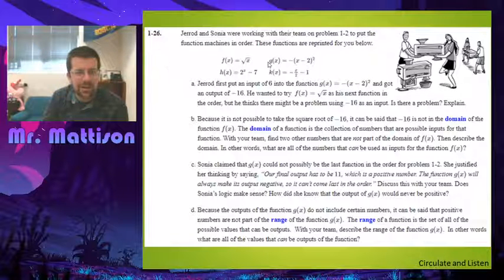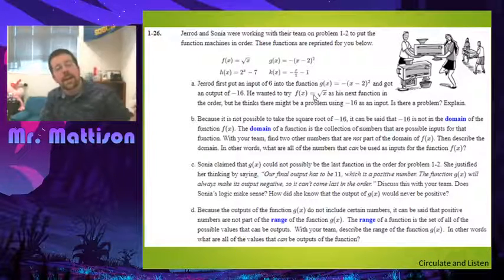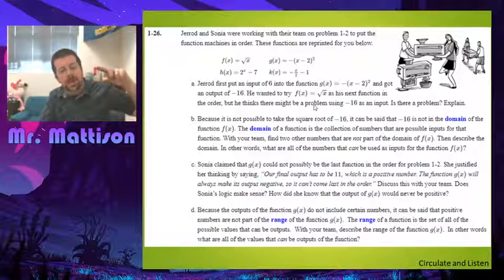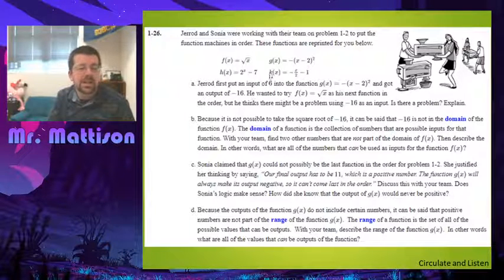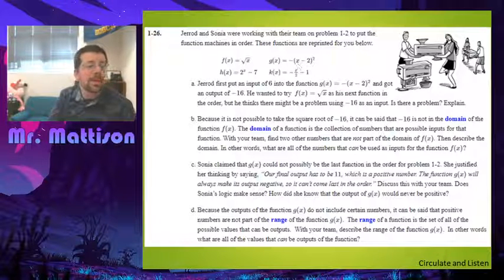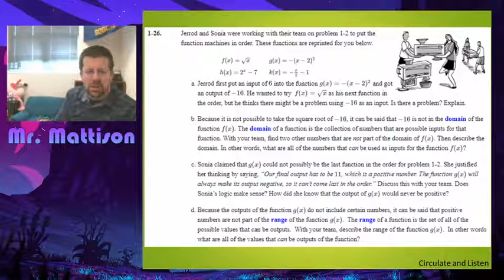And that positive value then being made negative will always be negative. And since we need our final output to be positive 11, g couldn't possibly be our final step. Now we didn't say that one specifically, but that makes sense. And we did say that g will make things negative.